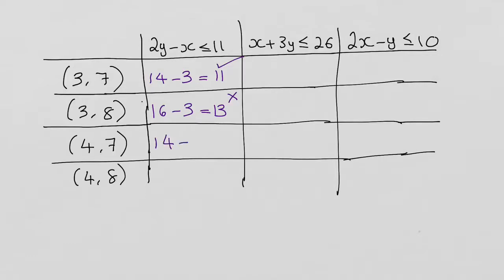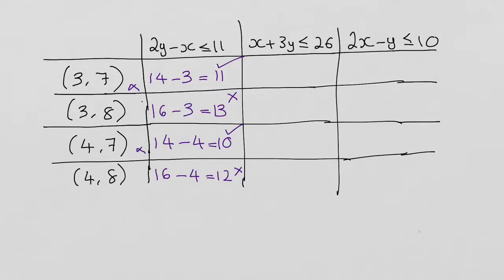Next one, 14 take away 4 equals 10, does work. Last one, 16 take away 4 equals 12, that one doesn't work. So already we are down to 2 solutions here. It's either this one here or this one here. So I don't need to check the other 2.